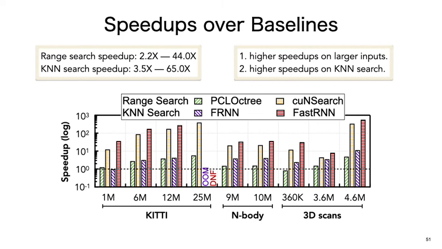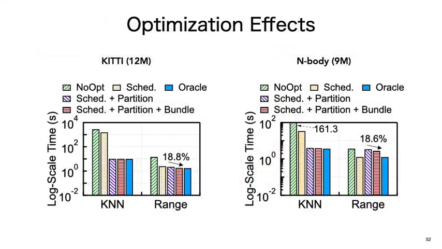And the reason is because KNN search is more time consuming to begin with because it must manipulate a priority queue. So these slides compare against different variants of our search algorithm by teasing apart the effects of different optimizations.